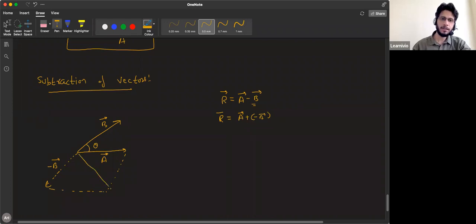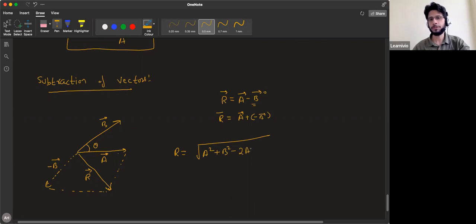This diagonal will represent the resultant, and this resultant is A minus B. Minus B means a vector having direction opposite to that of B. Then you add them up, A and B. So the formula for resultant will be root over A square plus B square minus 2AB cos theta.